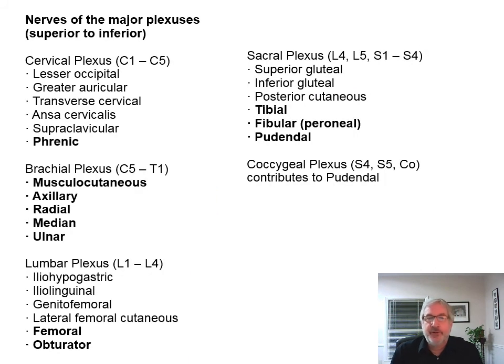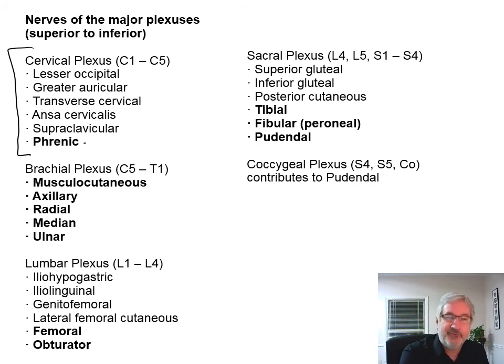So the nerves of the major plexuses from superior to inferior, there's more nerves than I described on that previous slide. The cervical plexus has several major nerves: lesser occipital, greater auricular, transverse cervical, the ansa cervicalis, supraclavicular, and the phrenic nerve. The ones that are in bold are the ones I want you to know. So the phrenic nerve.